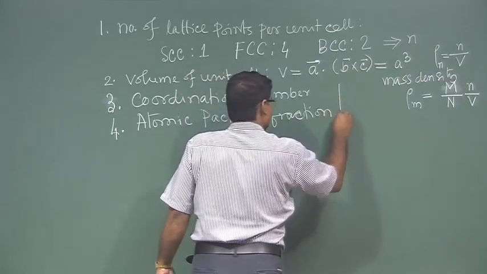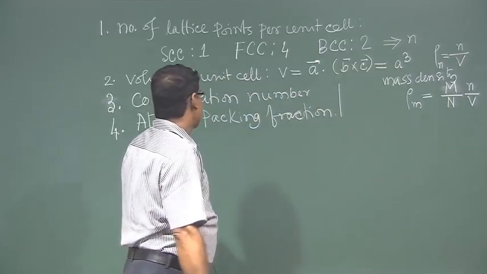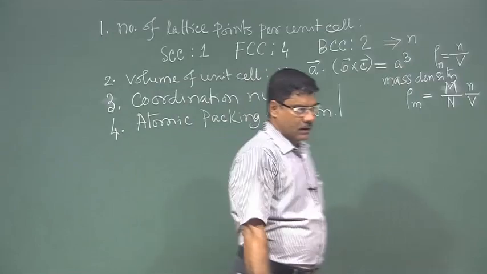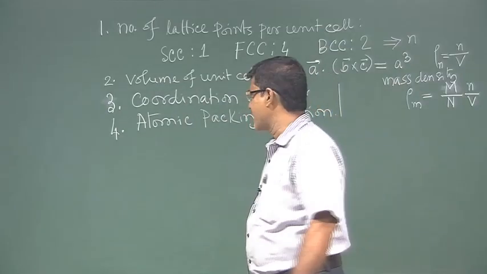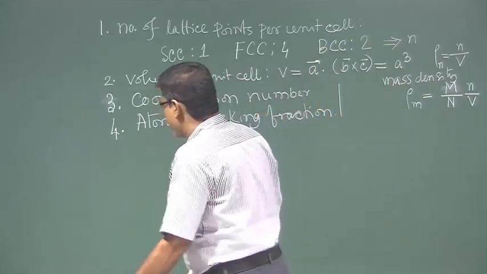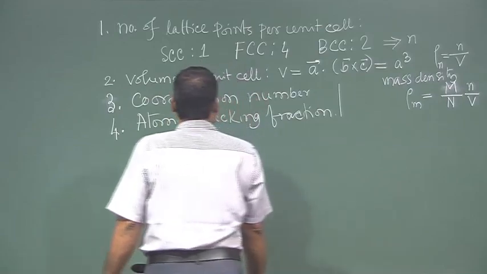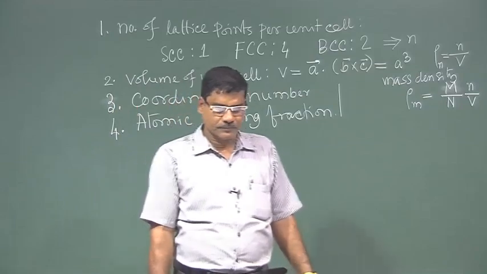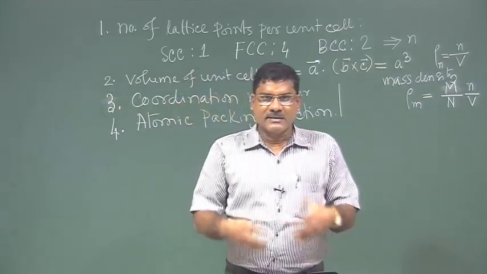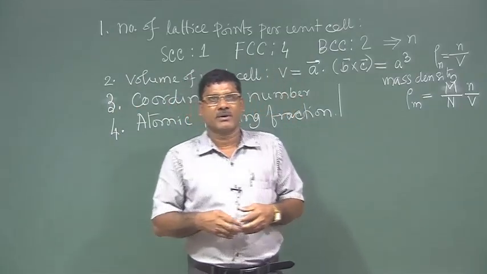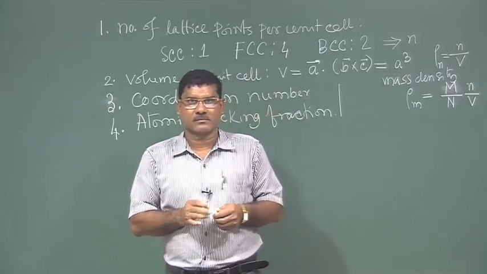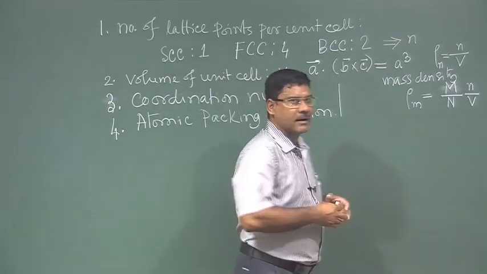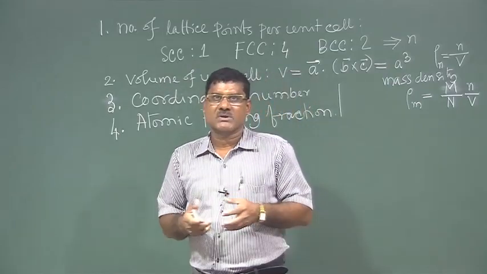So, for coordination number and atomic packing fraction, I basically need to place atom in lattice. So, as I mentioned that lattice is basically the purely mathematical concept, but real crystal have atoms.